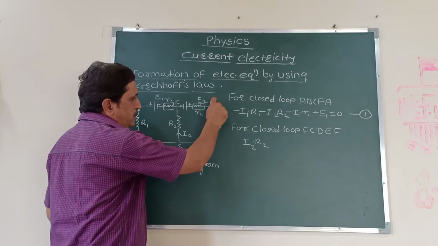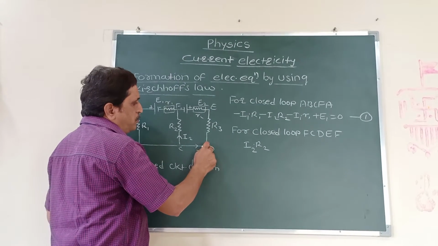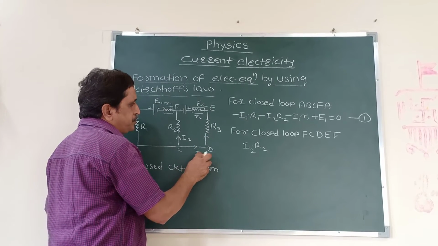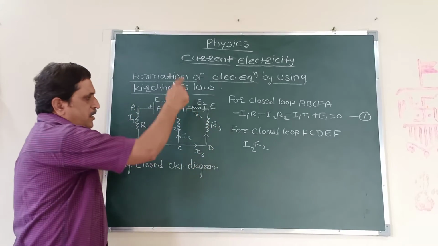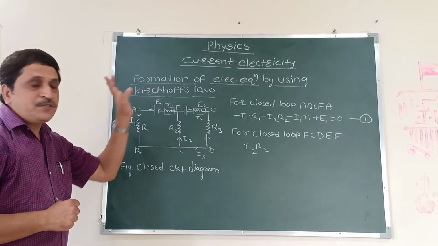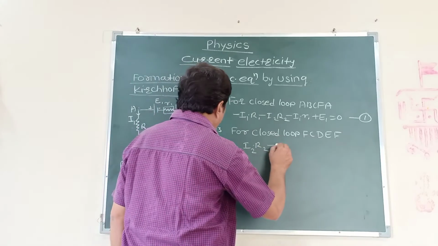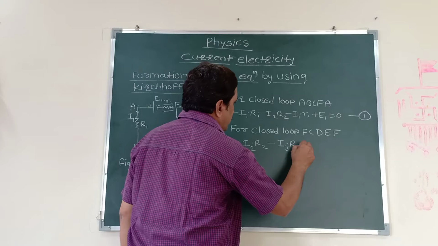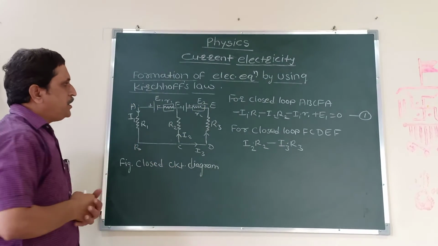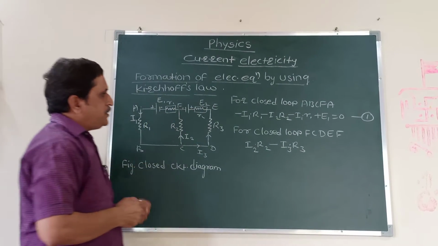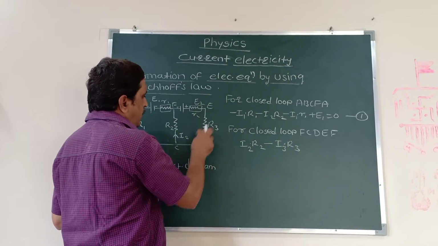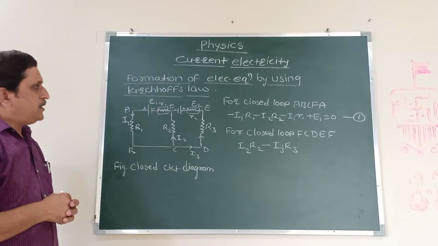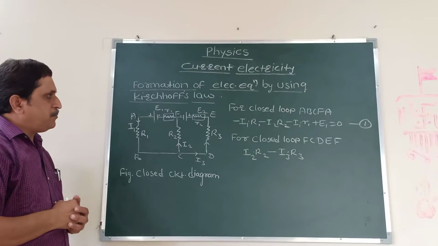Then move ahead. From point D to E, current I3 is flowing through resistance R3 in the same direction in which the loop is being traced. Therefore, the product is negative. That means current I3 into resistance R3. Now, for this path E to F, internal resistance R2 and current I3, and the direction of current and the direction of reading of the circuit are both the same.